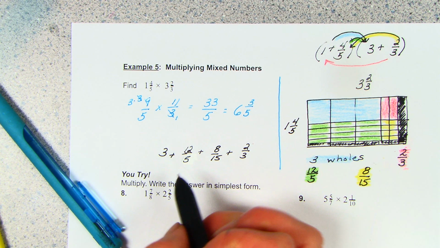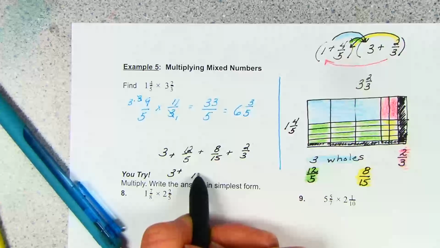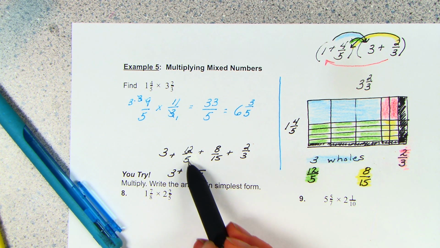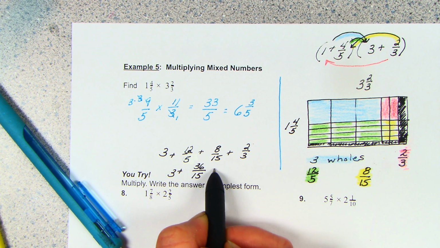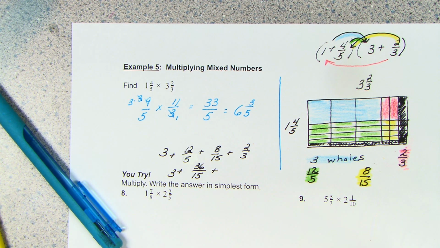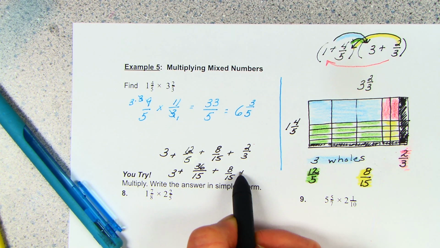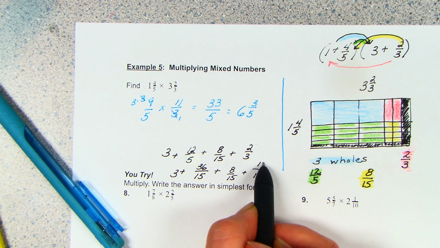Let's change these all into 15ths. We've got 3 plus 5 goes into 15 3 times. 3 times 12 is 36. Yep. Okay, 8 15ths. 3 goes into 15. 5 times 2 is 10.